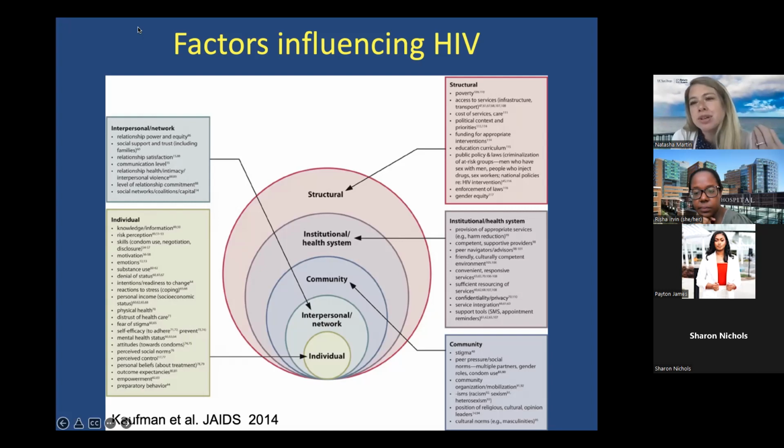what I'm trying to do here is take you away from thinking about individual things. For example, I was just talking about individual factors, sharing of unsterile syringes and how that can contribute to HIV. But now I want to bring you out to thinking about more structural factors, laws, how criminalization of drug use can fuel environments that people who inject drugs are living within that fuel HIV transmission.